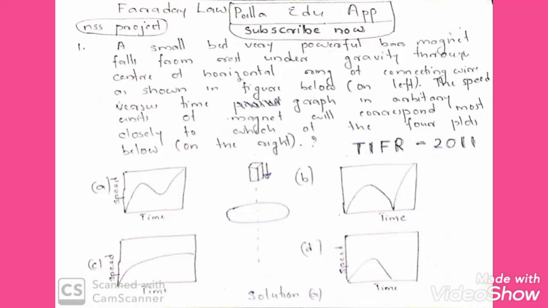We know the speed in the first graph increases up to a certain time, then it decreases, then again it increases. According to our condition, the first graph is also correct.